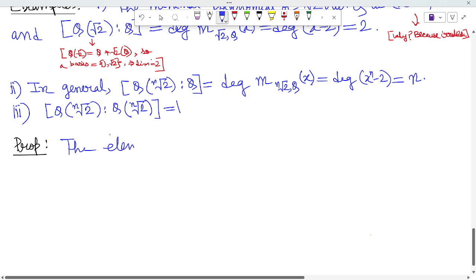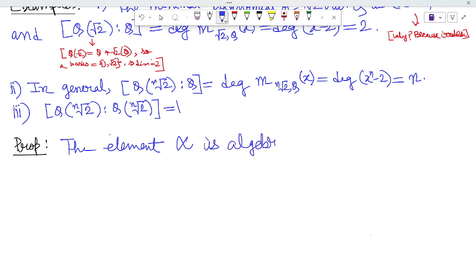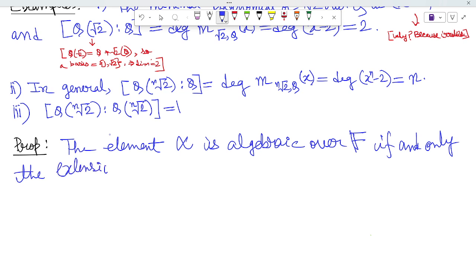The element alpha is algebraic over F if and only if the extension F(alpha) is finite. If and only if is an equivalent condition, so it is a characterization. Sometimes it is called a necessary and sufficient condition; it is the same thing.